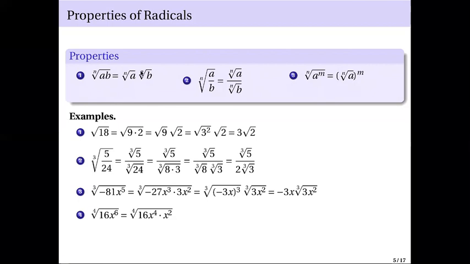And we can do property number 1 again. And furthermore, we write 16 as 2 to the fourth power. So we have this, okay? We separate. We have the fourth root of 16x to the 4 times fourth root of x squared.